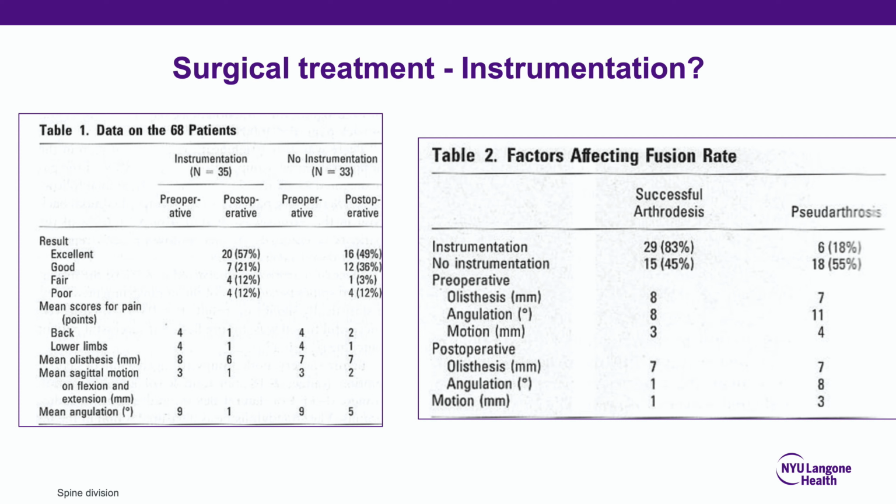A similar study was done by Fischgrund and Herkowitz in 1997, which showed that the instrumentation group had a higher rate of successful arthrodesis, 83% compared to 45% in the non-instrumented group, and a higher rate of pseudoarthrosis, 55% versus 18% in the non-instrumented group.